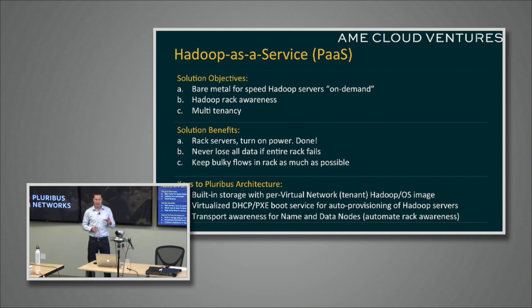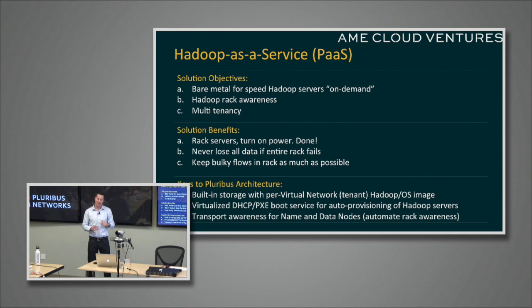And so we are enabling, with our virtual networking infrastructure and the storage that we can connect to each VNet specifically for each tenant, a full rack to be managed by the Pluribus Networks device as if it were one logical entity.